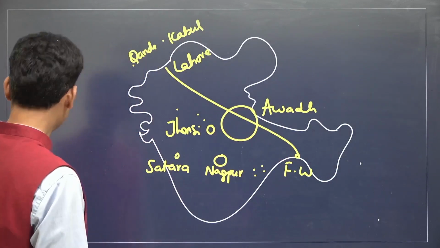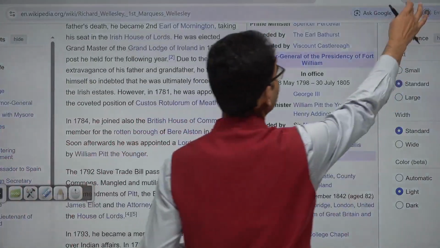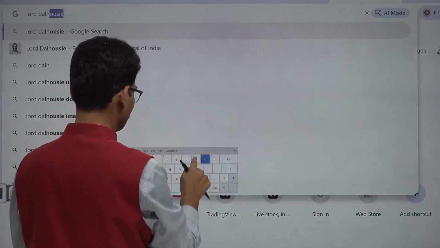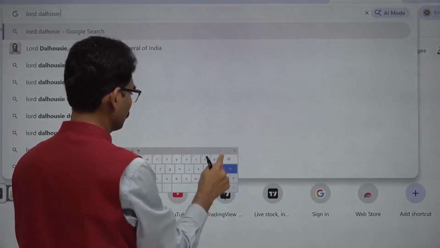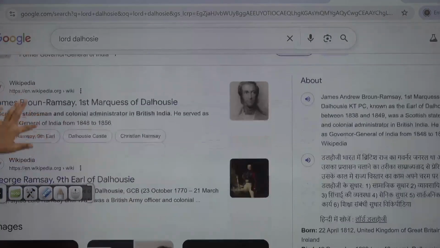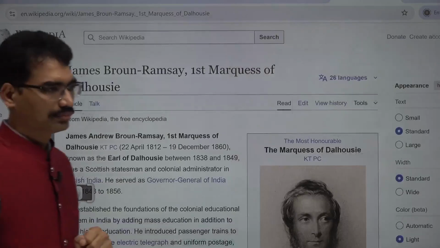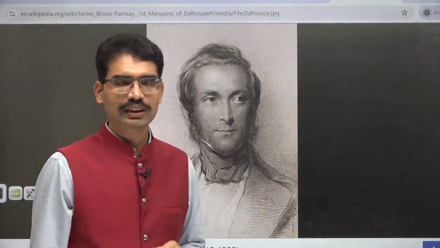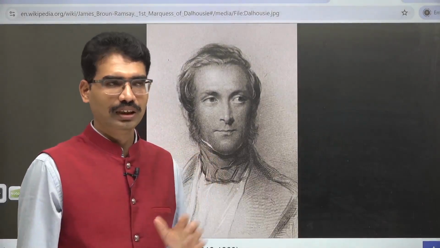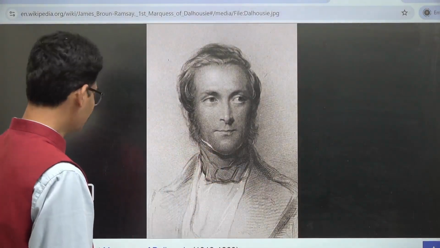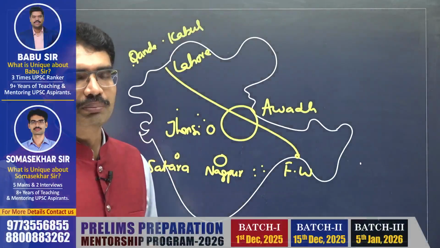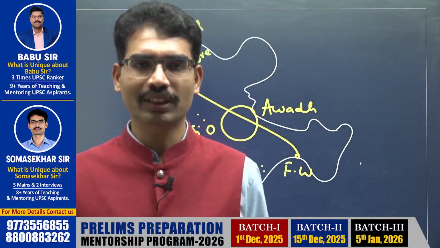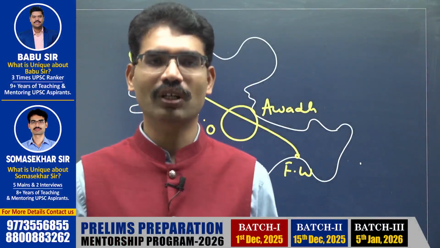But when Lord Dalhousie came, when Lord Dalhousie became the Governor General of Fort William, he believed in outright conquest. He did not believe in this kind of subsidiary alliance system. Theoretically you are saying we are not going to interfere, but practically, indirectly, you are ruling.